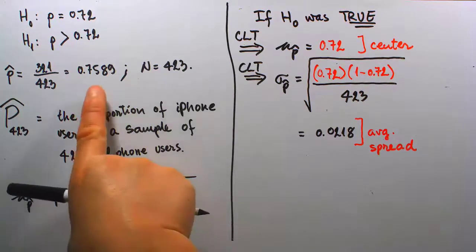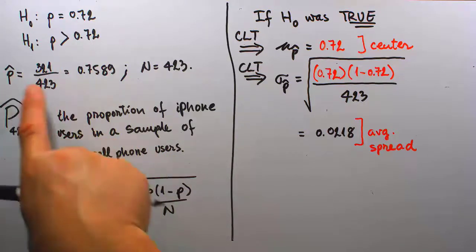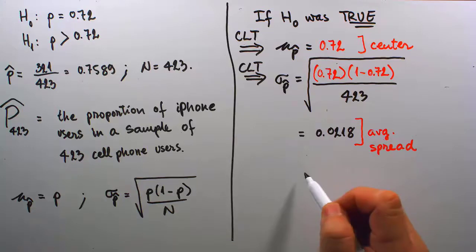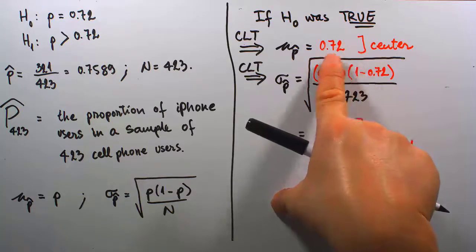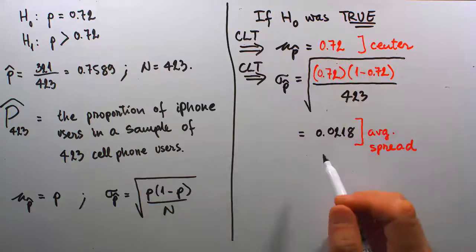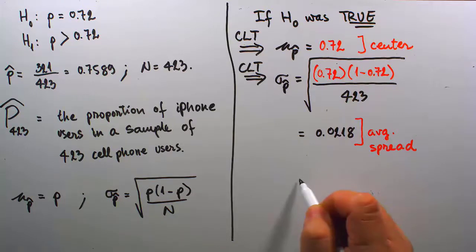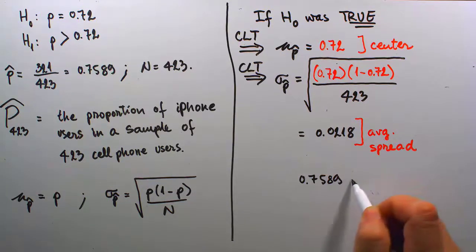And so then, again, after realizing that our sample is only one among infinitely many other samples, then from where our particular sample stands relative to this claimed value, now being at the center of the distribution of sample proportions, our sample 0.7589 has a z-score.